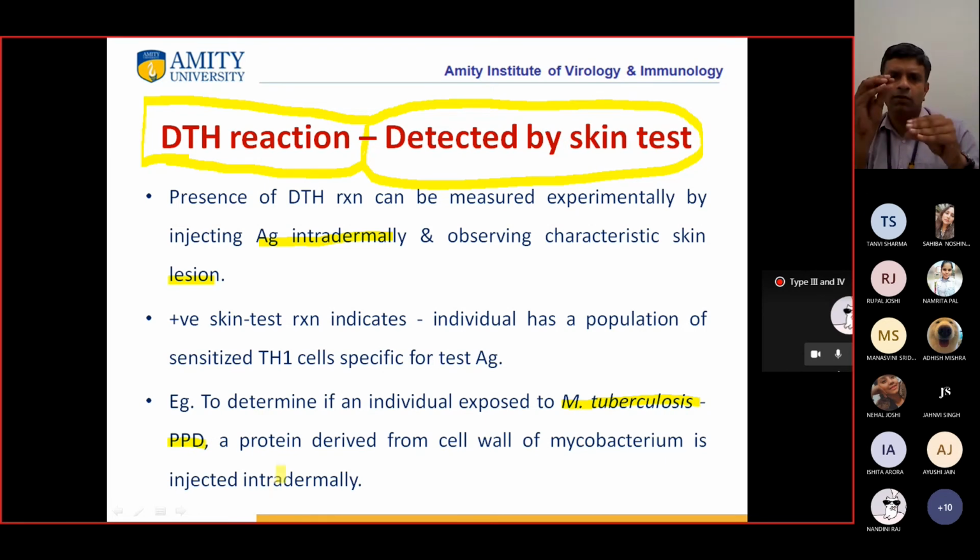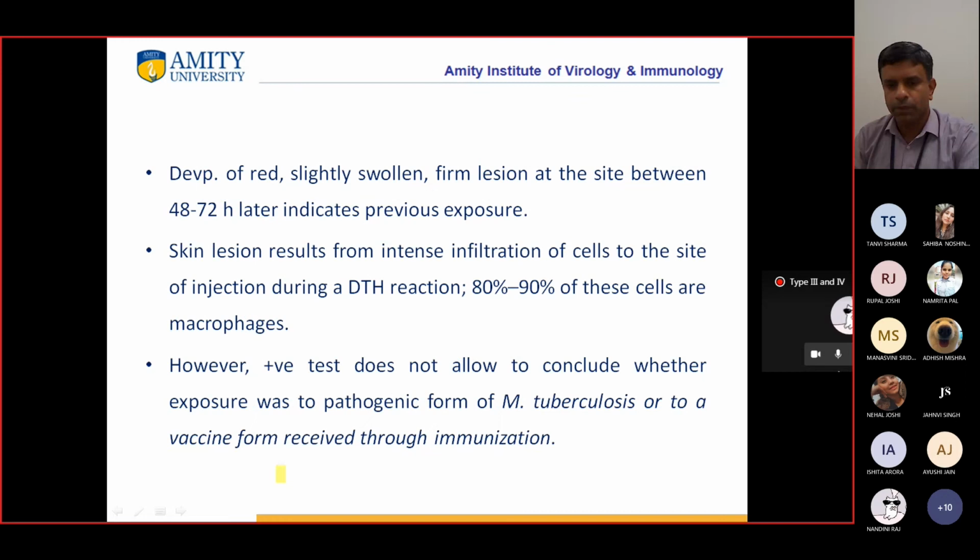So we take a component of the Mycobacterium cell wall, dilute it and inject it into the skin, okay. Now there will be development of red swollen firm lesions at the site between 48 and 72 hours later, right, which will indicate previous exposure. So if you get redness and swelling after 48 hours, it means the person is positive for tuberculosis, okay.